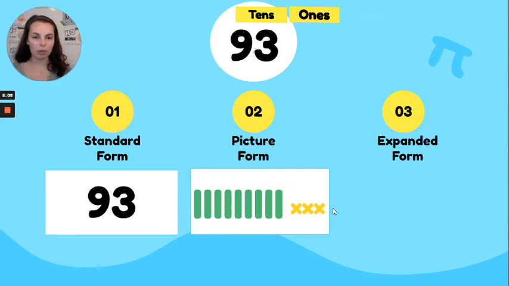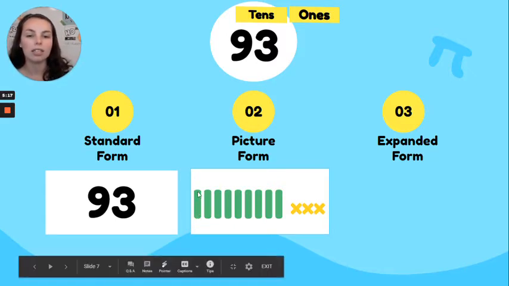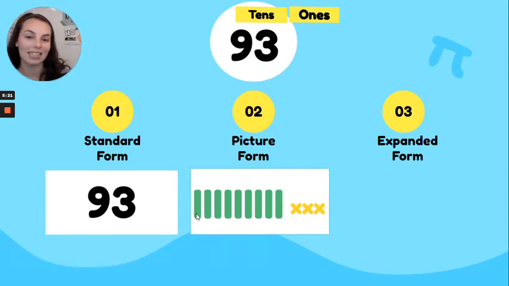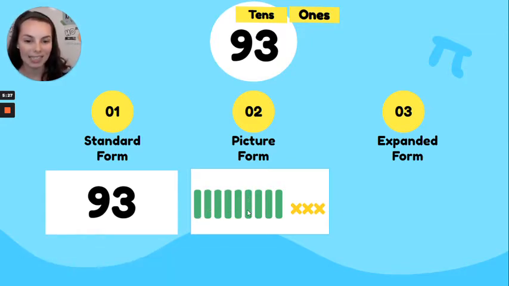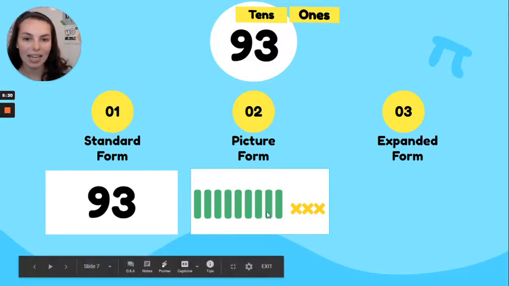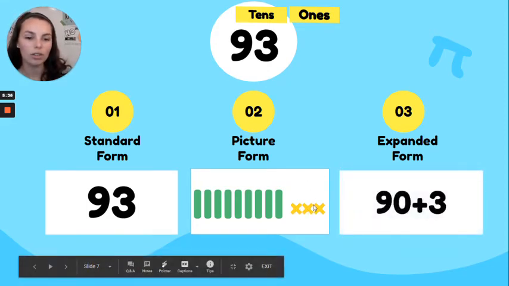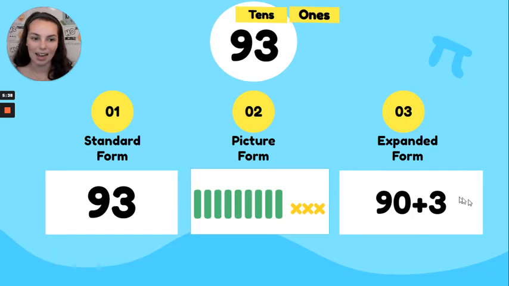So in expanded form, I want you to think, how would we expand that number? Remember, we're writing the value. I know that these tens blocks each equal 10. So maybe we can count by tens to help us. 10, 20, 30, 40, 50, 60, 70, 80, 90. 90 plus 1, 2, 3. 93.